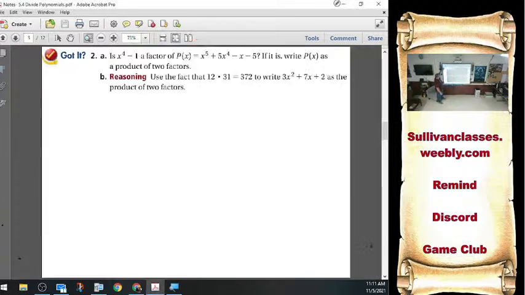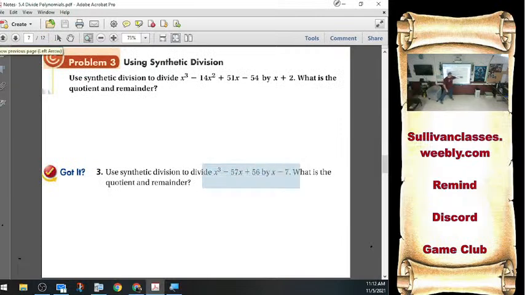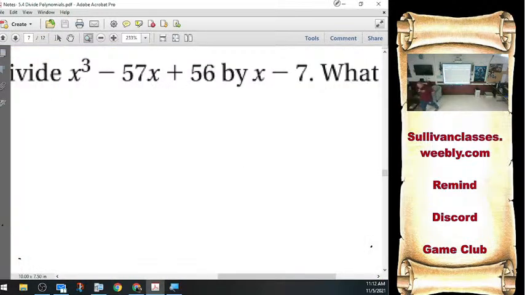Now, I want to back up. I want you to do that one by synthetic division. So now this is the actual synthetic division problem, number 3. What's 50 times 7? Oh my lord.